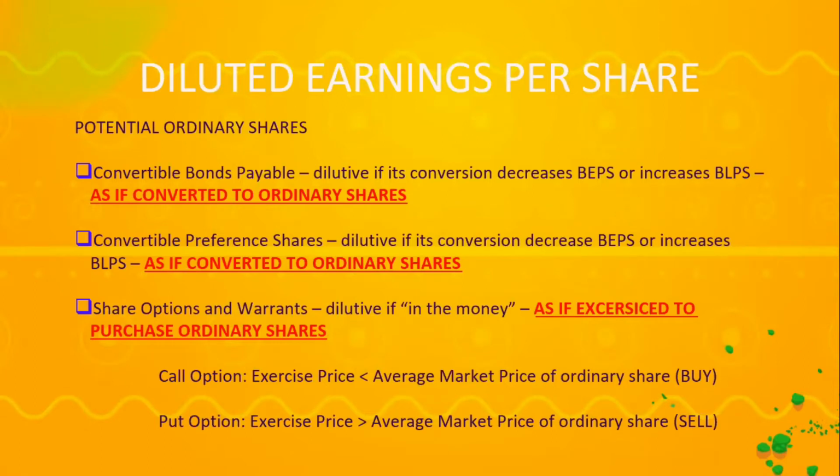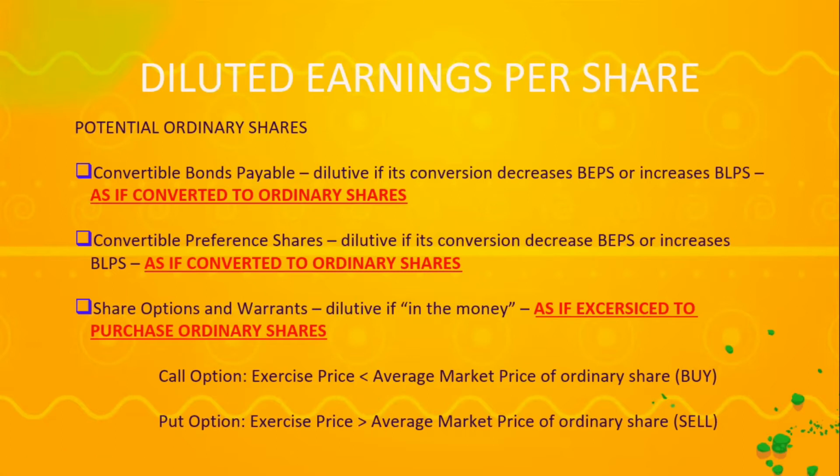It is dilutive if its conversion decreases the basic earnings per share or increases basic loss per share. Actually, we no longer need to put this, because technically, if there are potential ordinary shares here, it will reduce your basic earnings per share. Imagine, what is our formula for basic earnings per share?